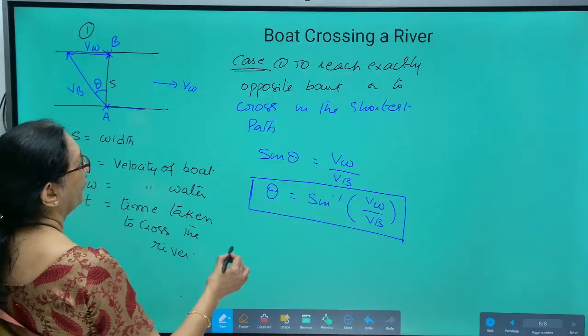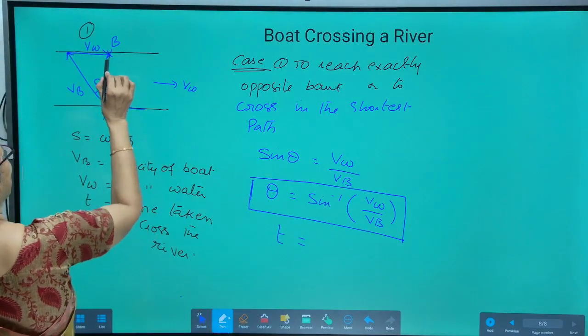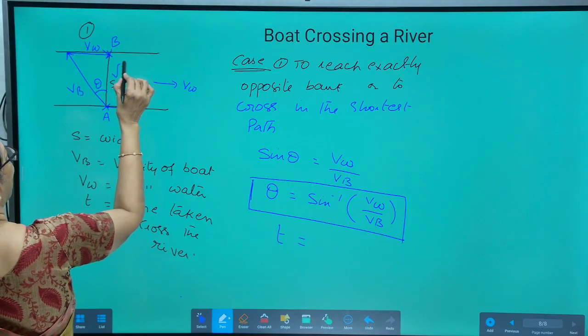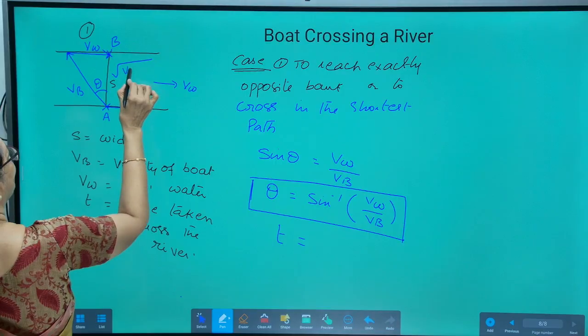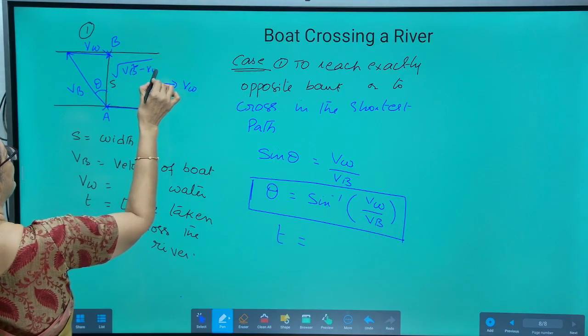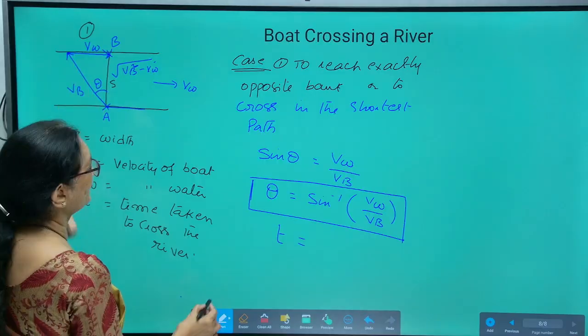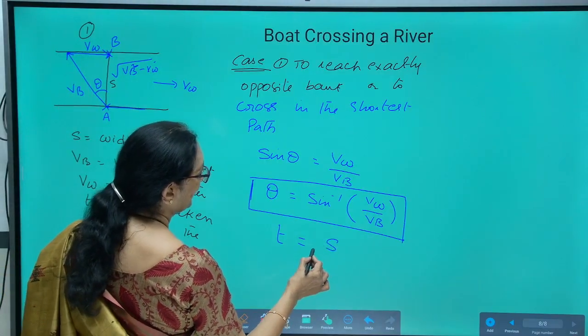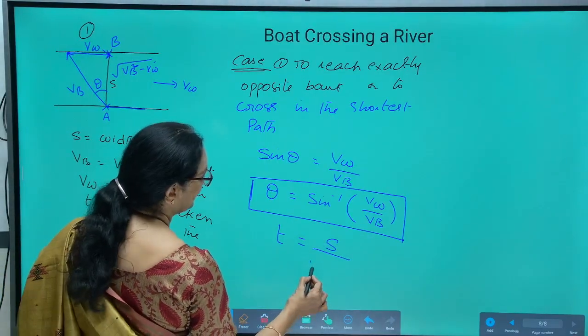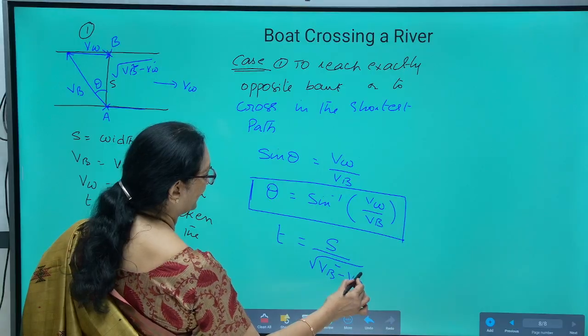And now, what is the time taken to cross the river? In this direction, the resultant velocity of the boat becomes square root of VB square minus VW square. The resultant displacement in this direction is S, and the resultant velocity is square root of VB square minus VW square.